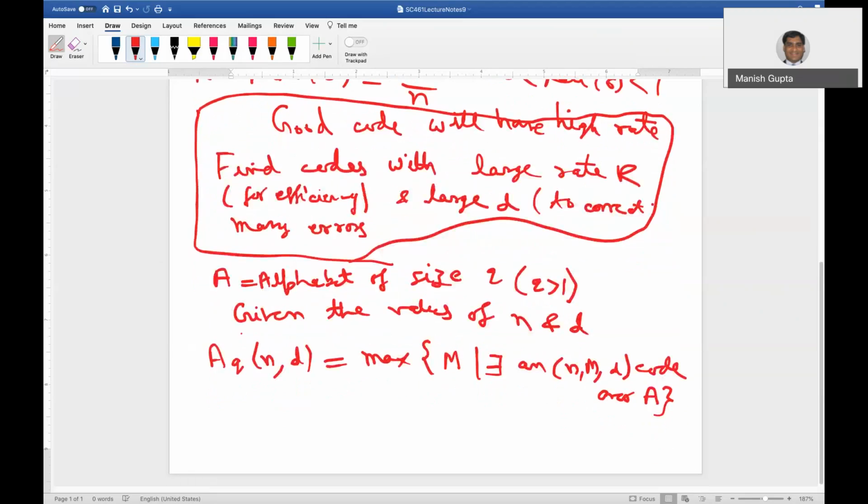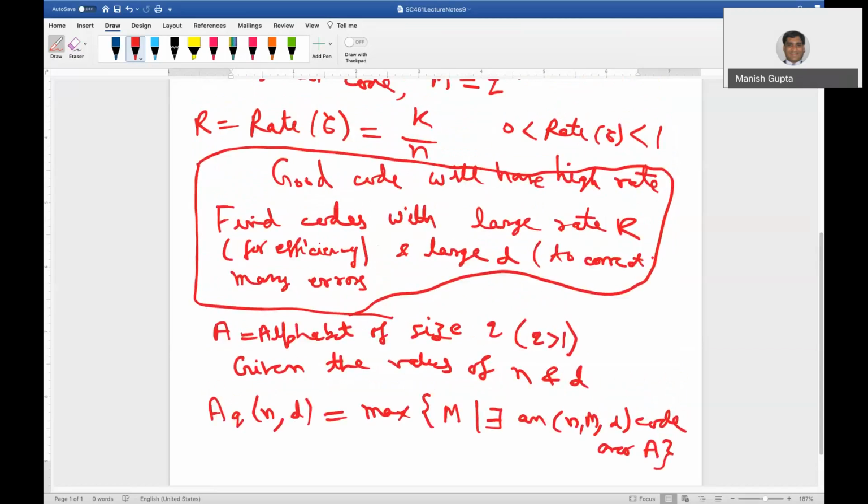Normally we take the alphabet to be a finite field with a small number of elements. So we are maximizing the total number of code words. When we maximize M, essentially if it is a linear code, we are maximizing k, and when we are maximizing k, that means we are maximizing the rate of the code.